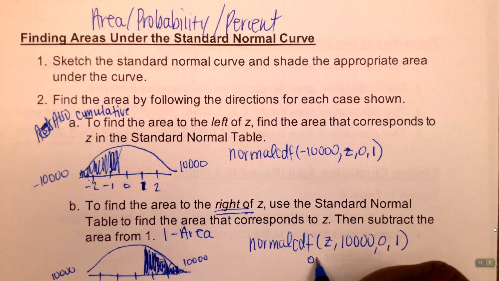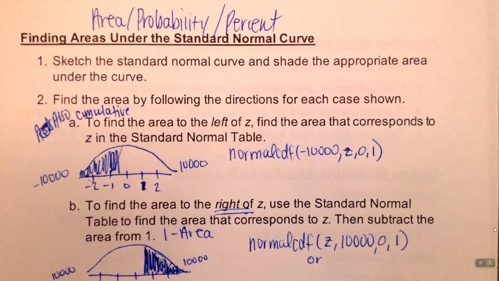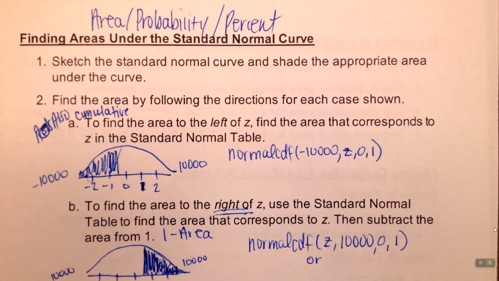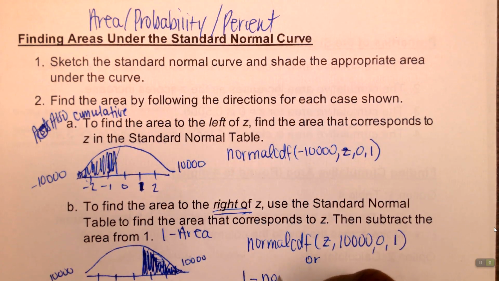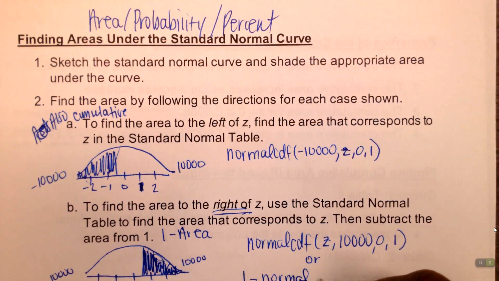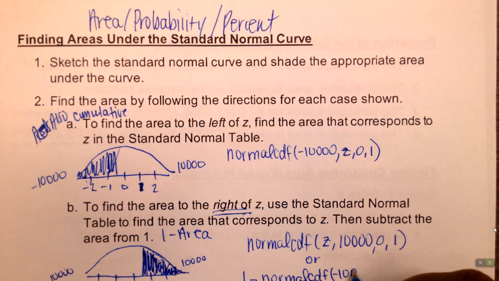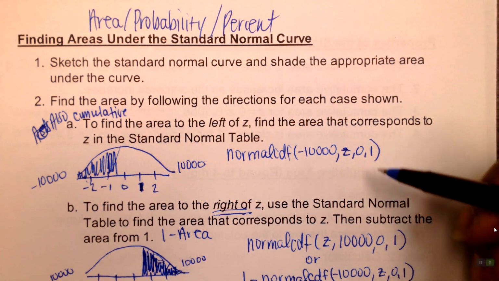The other way I've seen people do this, because they want to do the problems the same way every single time: they'll do 1 minus on the outside and do the left of the graph the same way we did before.